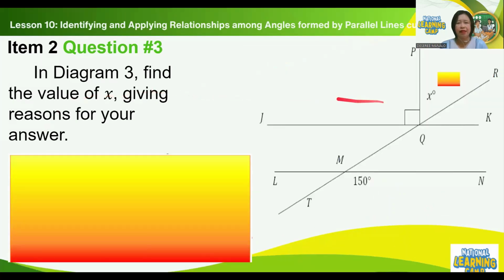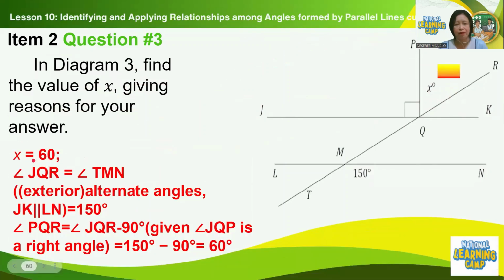In diagram 3, find the value of x, giving reasons for your answer. So x is equal to 60. Why do you think it is 60? Let's find out. Angle JQR is equivalent to angle TMN.